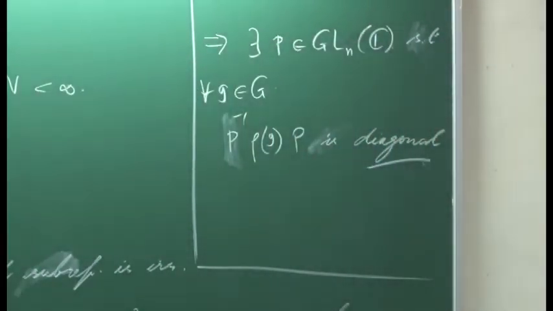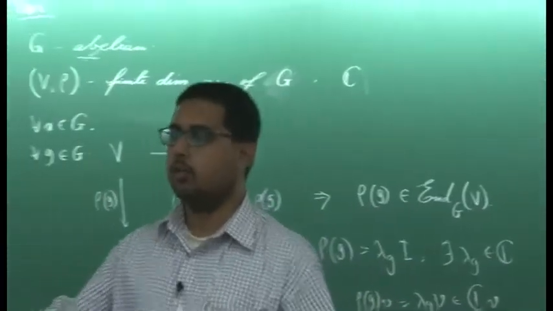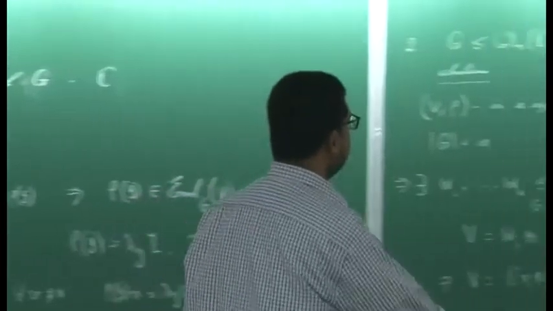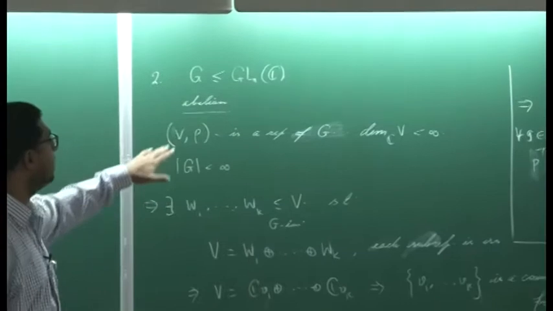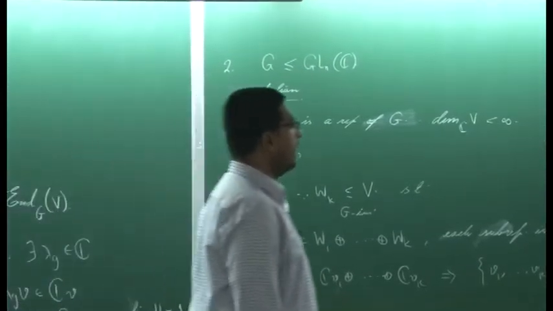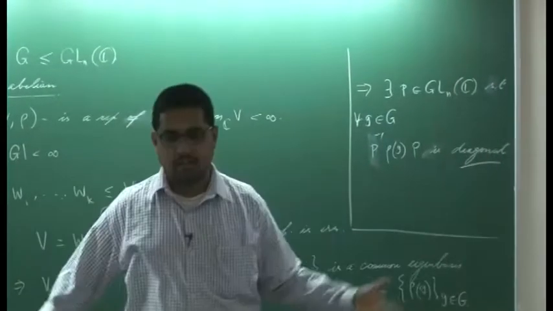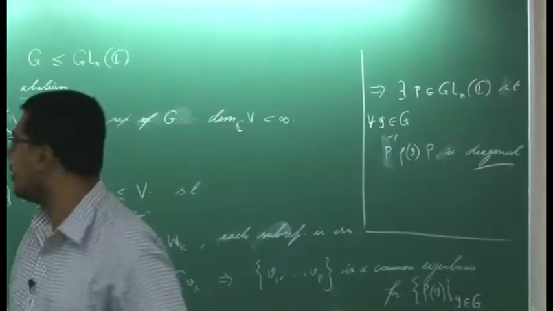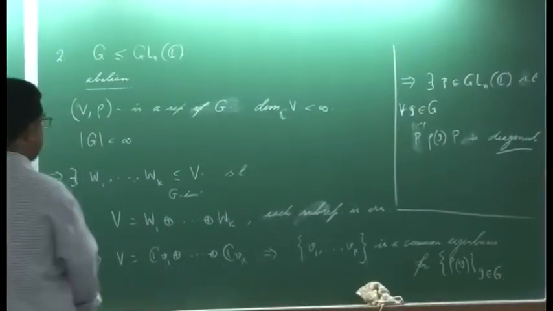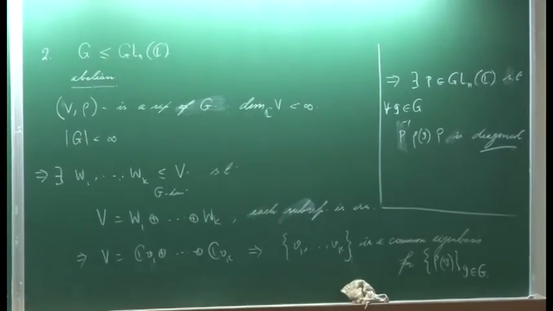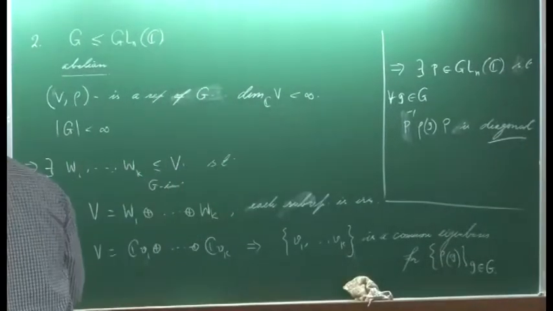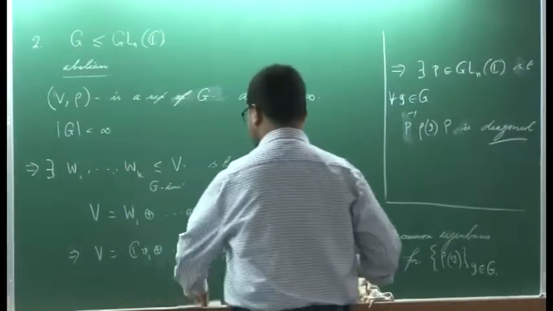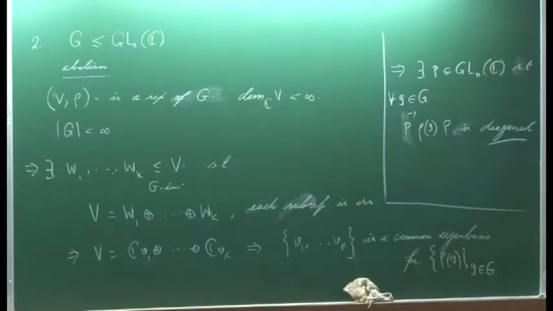So, in this situation, if we are given a finite abelian subgroup of GL n C, then we can diagonalize all the matrices of G simultaneously, that is, by a single ordered basis or by a single invertible matrix we can make all of them diagonal. Here I should make some more comments, which maybe I should have said earlier.